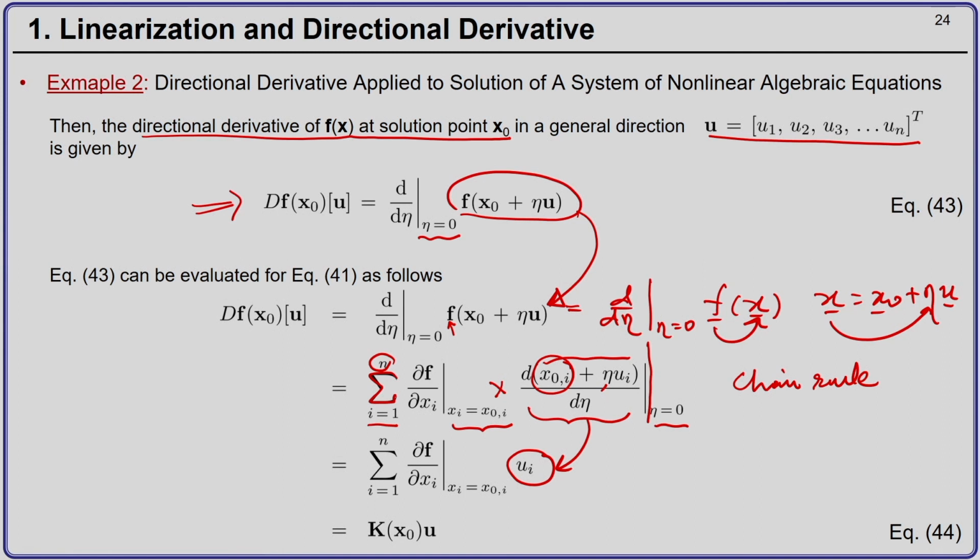So, then you get summation del f by del x i into u i. This you can write as a matrix K evaluated at x 0 into a vector u. This term is nothing but your matrix K, and the second term is nothing but your vector u.